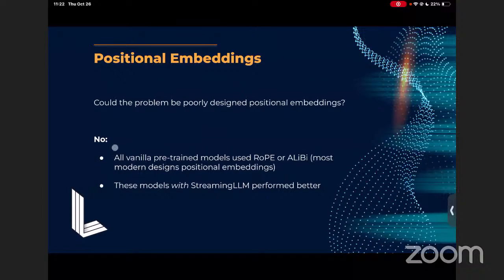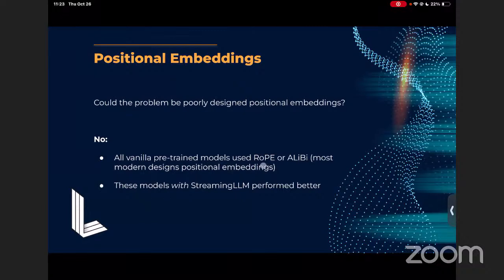And their answer was no, because all of their vanilla pre-trained models that they use, like Pythia, Falcon, etc., they all tested these with RoPE or ALiBi, which are rotary positional embeddings, or attention with linear biases, I think. So these are the most modern positional embeddings that they use, and they still had perplexity increase.